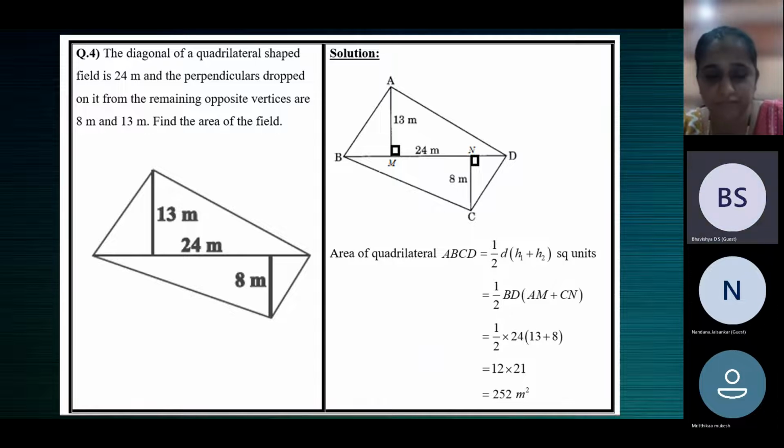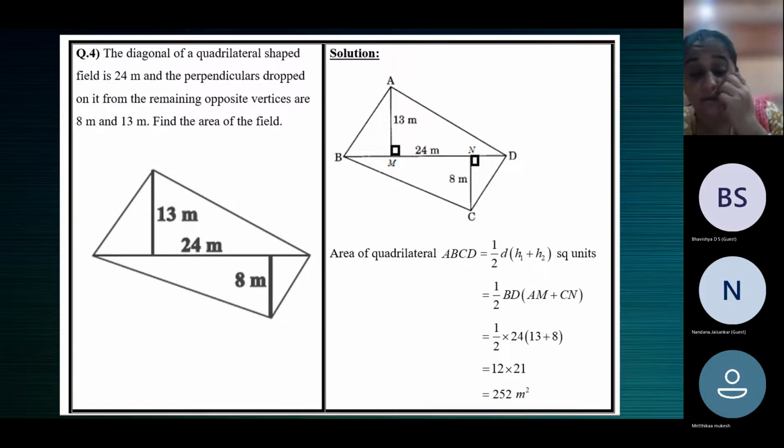Mom, I have sent the picture of that trapezium sum. Yeah, I'm just seeing it now. Yes, this is different.